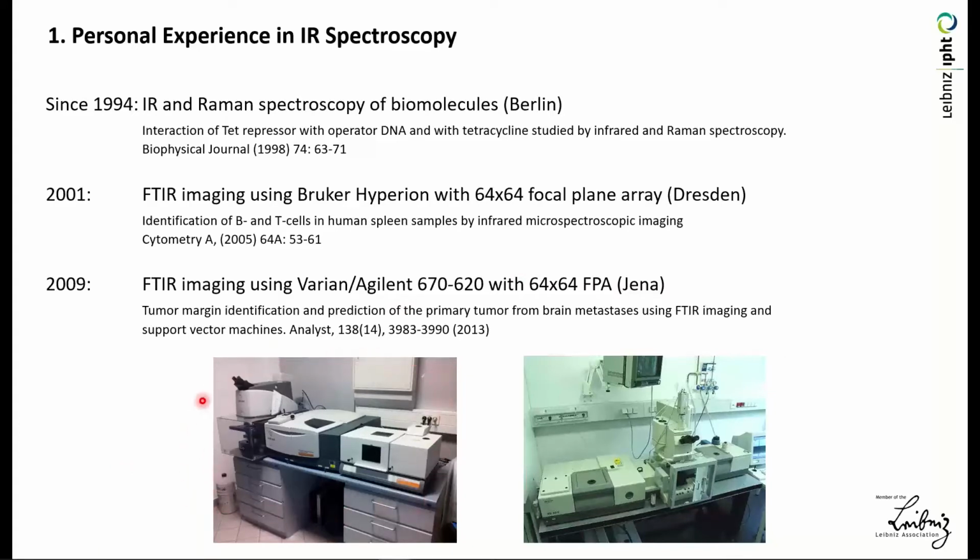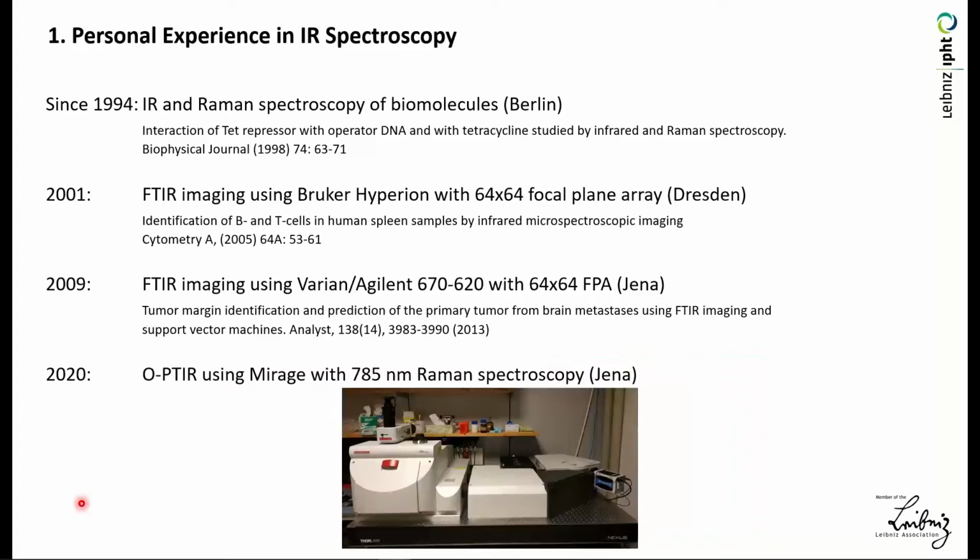That's the Agilent system, and this was the former Bruker system on the right. And last year, finally, we were able to order the Mirage instrument from O-PTIR, and it was the first instrument with a 785 probe laser. And all data that I present today were recorded with this O-PTIR instrument.